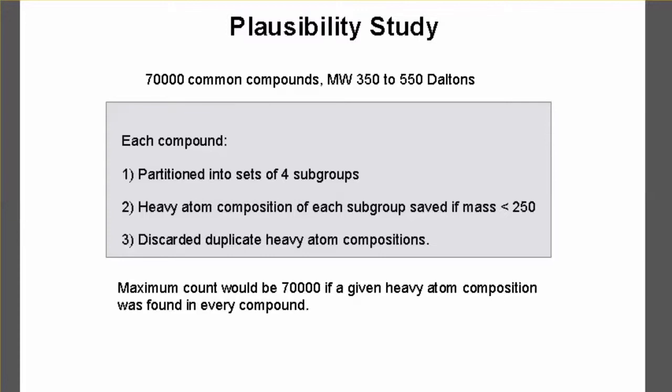And then if the mass of that subfragment were less than 250, then it was saved and recorded. And only once would it be recorded for each compound. So the maximum count, if there was a subgroup that was found in every compound, you could get a count of 70,000.